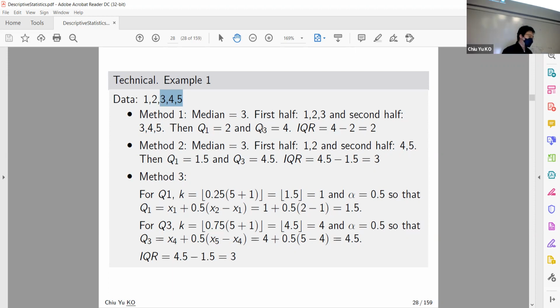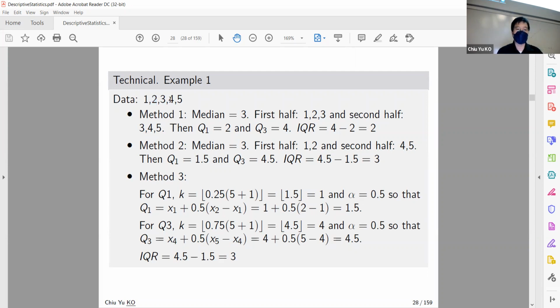Method 2 says that when we cut the data into 2 halves, we shouldn't include the median. Remember the median is 3 for the overall data. Then the first half becomes 1 and 2 only, because the median should not be included. The median of 1 and 2, because there are 2 data points, is just the mean of the first 2 observations, which is 1.5. So Q1 is 1.5.